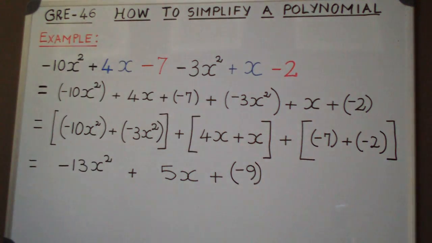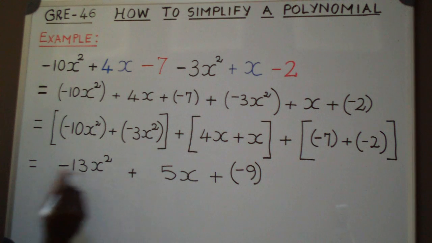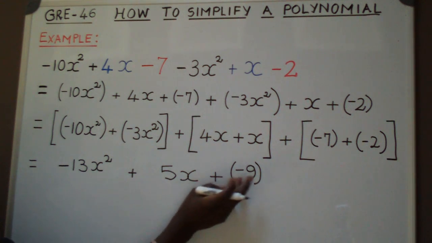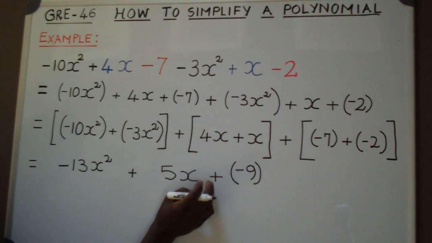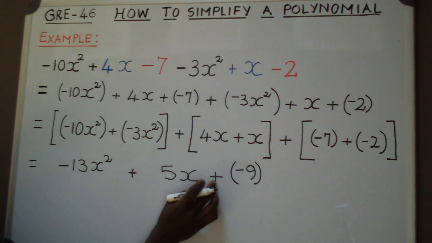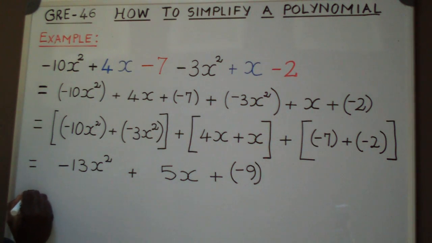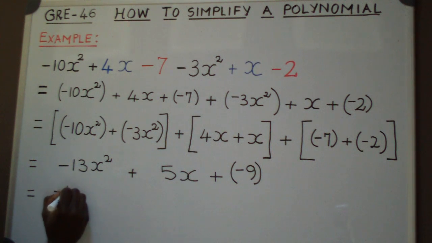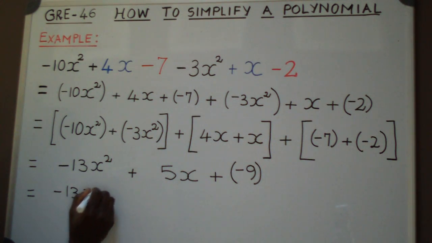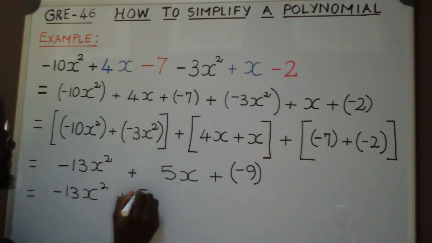So now, finally, my final answer is what? Well, here I have a plus negative 9. We all know that when you add a negative number to another number, that is equivalent to subtracting a positive number. So therefore, this is equal to negative 13x squared, okay, plus 5x.